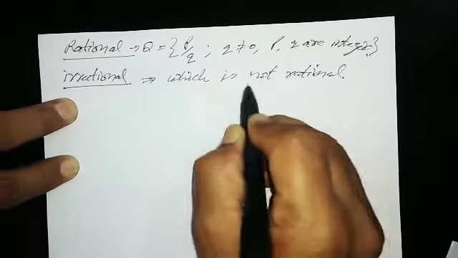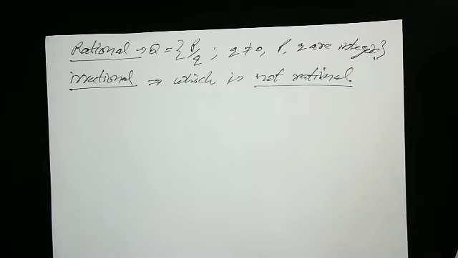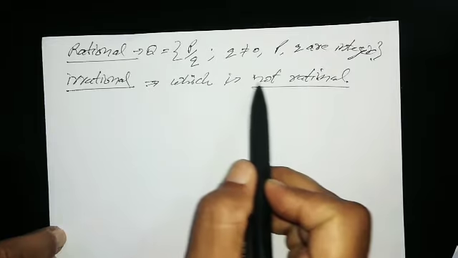So if you want to go into detail about what is rational, what is irrational, and the difference between them, you have to watch my video with the heading irrational numbers. I will try to set a link to that video also.